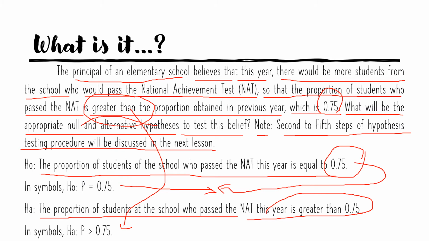If we convert this, your alternative hypothesis now is your proportion of students P greater than 0.75. It will never show you an equality between your two variables involved. So that will be your alternative hypothesis, totally opposite of your null hypothesis.